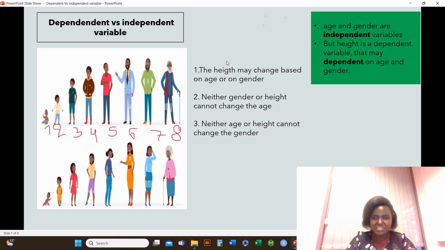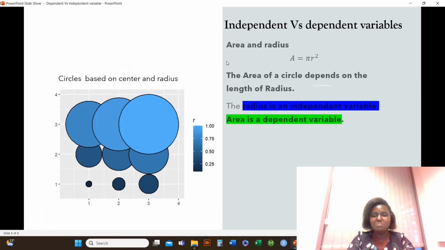Let's see another example. Let's come back to our circles example. As I have shown you, the radius of a circle affects its size, or its area.